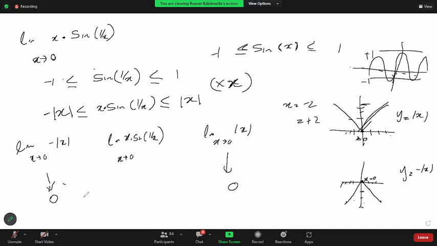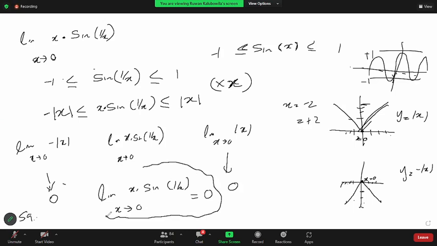So using the squish theorem, you have to write it down: limit of x sine 1 over x when x approaches 0, you can write down as 0. This one again you need to write. At any point, if you see these kinds of terms, x times sine 1 over x, when x approaches 0, it is equal to 0.